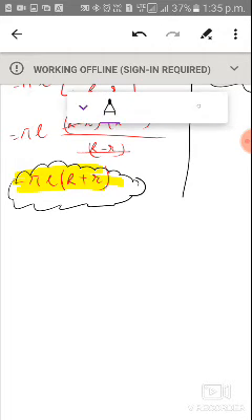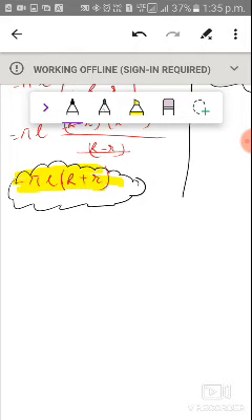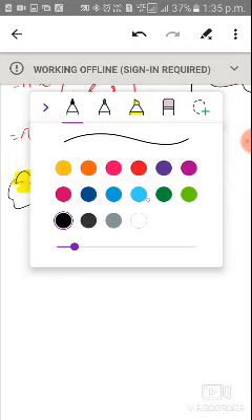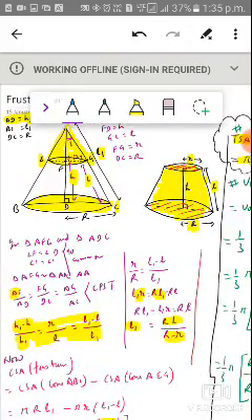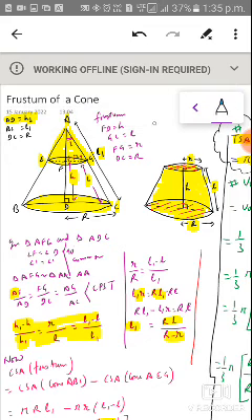One more formula you have to learn for the frustum. As we have learned for a cone, we know the slant height L of a cone is under root h square plus r square.